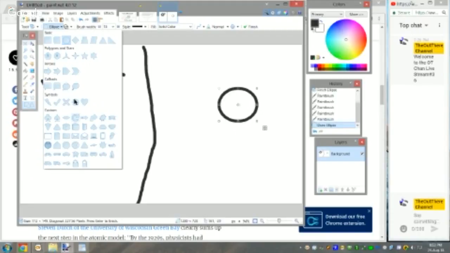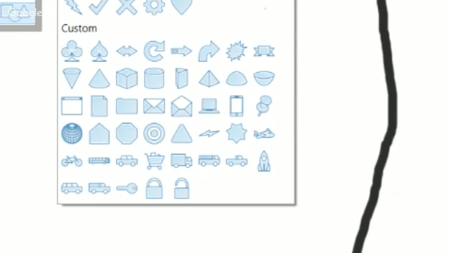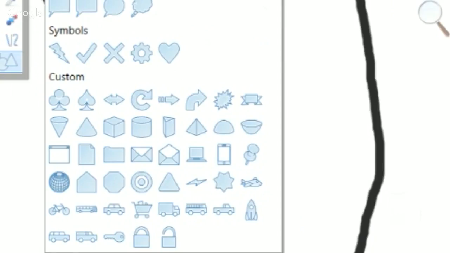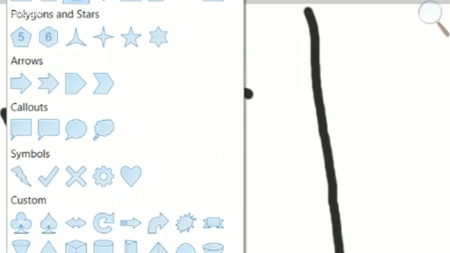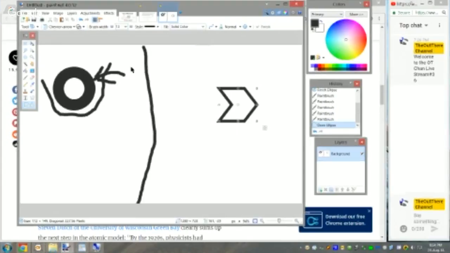What can we use to draw that? What do we got? Might be a good one. It's got a mobile phone there, both up. Suppose we could do that array.